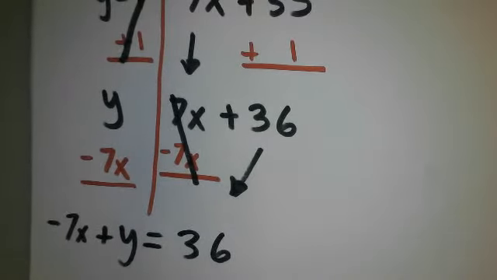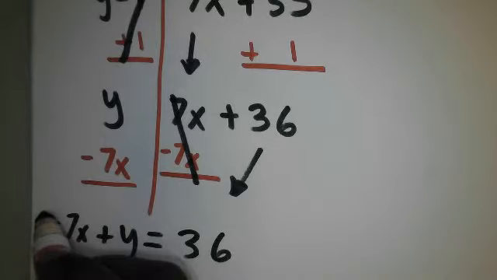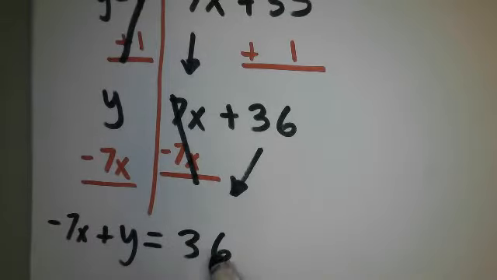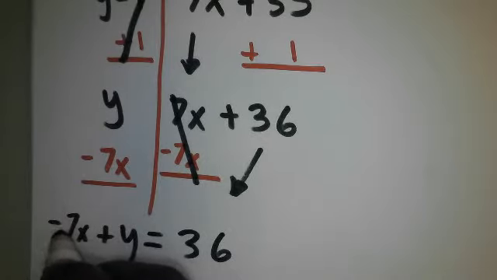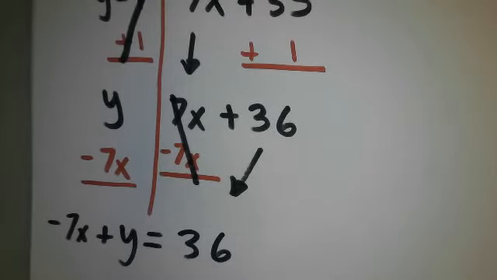Now in standard form, if you notice, the x is not negative, so what we're going to do is get the x to be positive. And a good way of doing that is to change all the signs. So this is how we're going to change the signs. And I'm going to take this negative 7x and make it positive 7x. So this is now positive 7x.